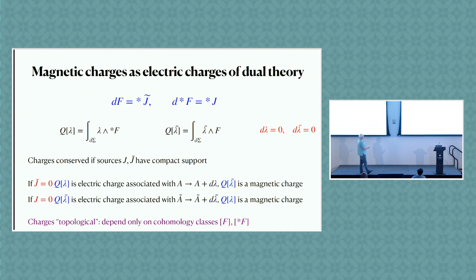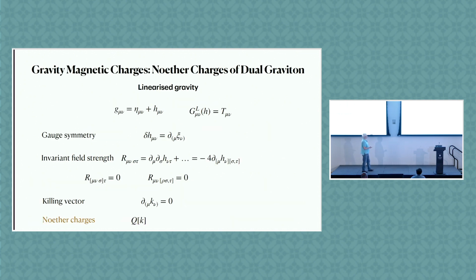And if the other one is 0, then there's a similar story, but with these interchanged. These charges are both topological in the sense that they depend only on cohomology classes, F and star F. So the invariances I'm talking about are gauge transformations with parameters which are closed but not exact, and they are sometimes referred to as large gauge transformations.